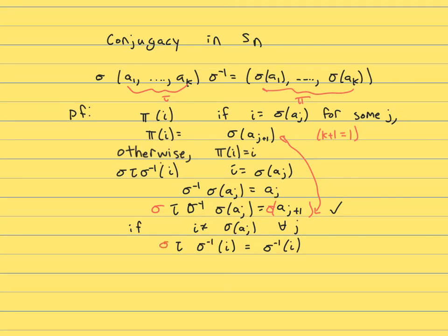So then when I compose with sigma, I get sigma composed with sigma inverse, I get i back again. So again, we have agreement between the two functions. Therefore, sigma tau sigma inverse is equal to pi. So conjugation of a cycle by a permutation behaves by changing the numbers inside the cycle.